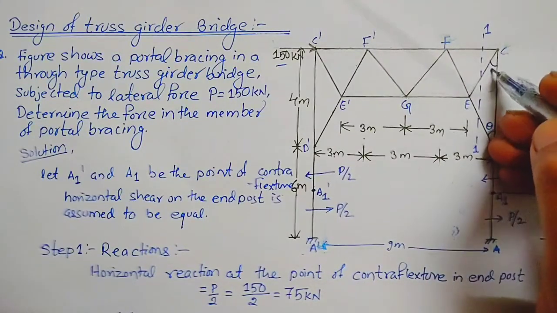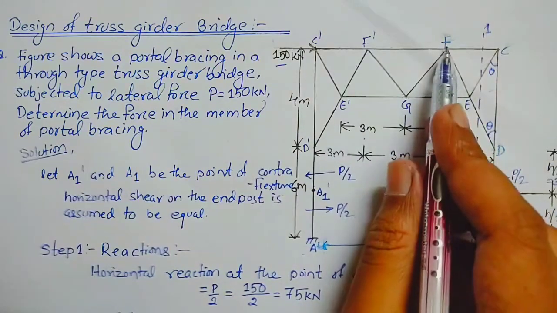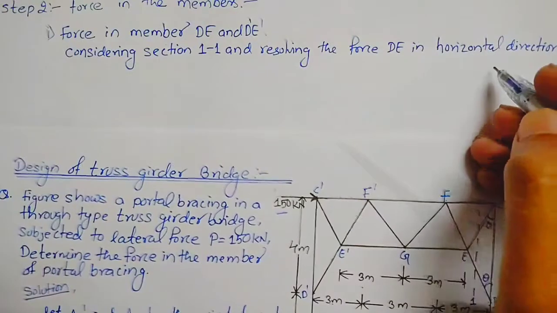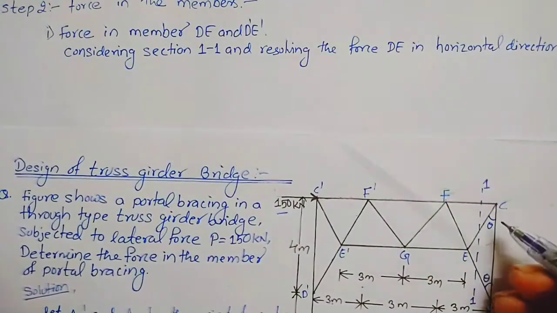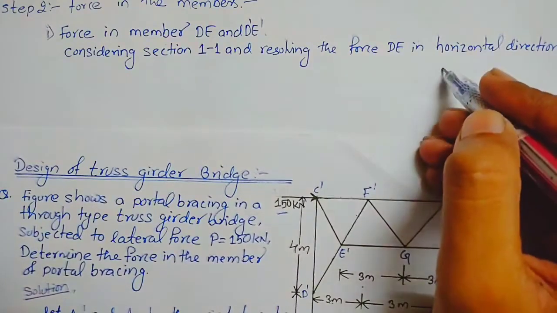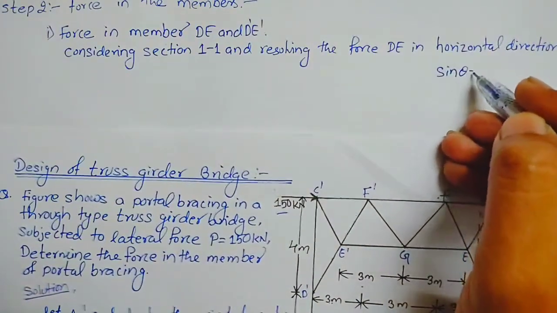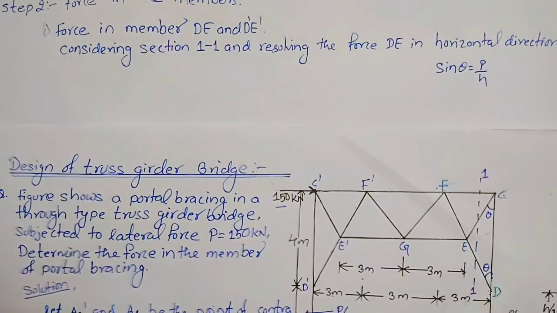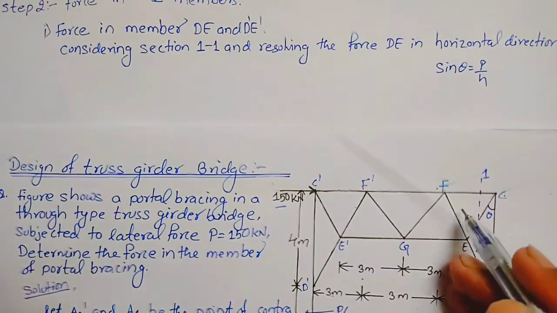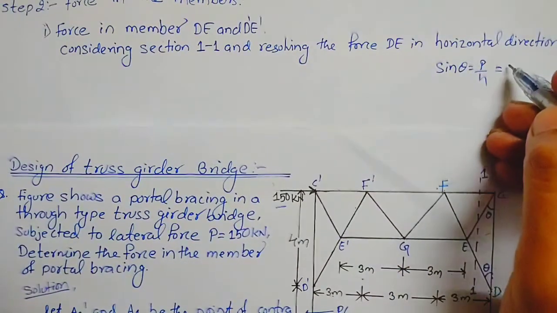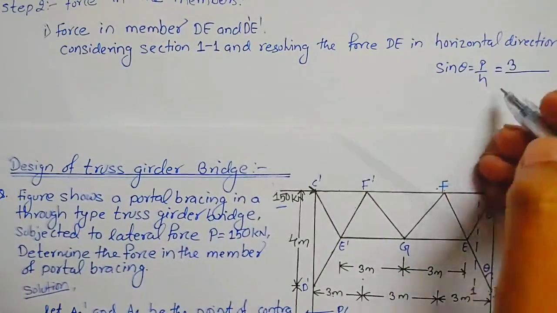we have to consider triangle FCD. So from triangle FCD, sine theta equals P by H, and if I take this theta as the angle of reference, then FC is our P, whose value is 3 meter, so it will be 3 by hypotenuse.